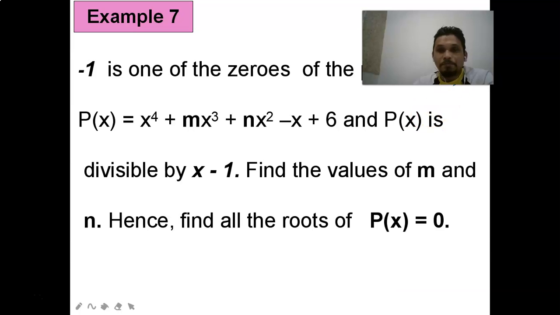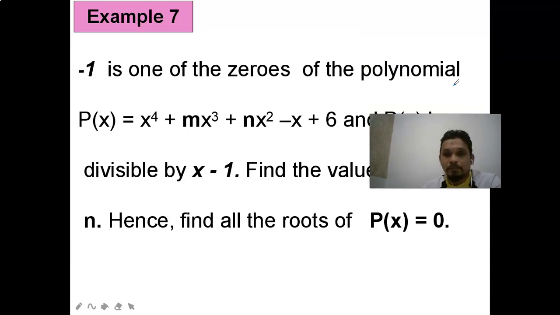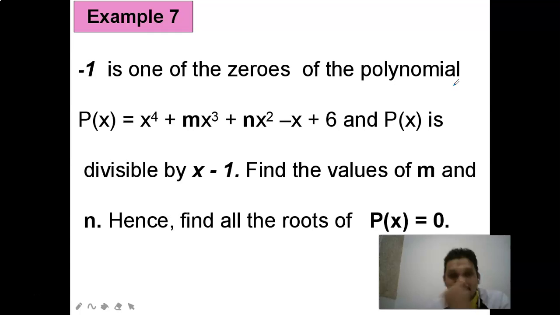And now, negative 1 is one of the zeros of a polynomial, and P(x) is divisible by x minus 1. Okay, class, what's the difference between these two statements? Negative 1 is one of the zeros, and P(x) is divisible by x minus 1.